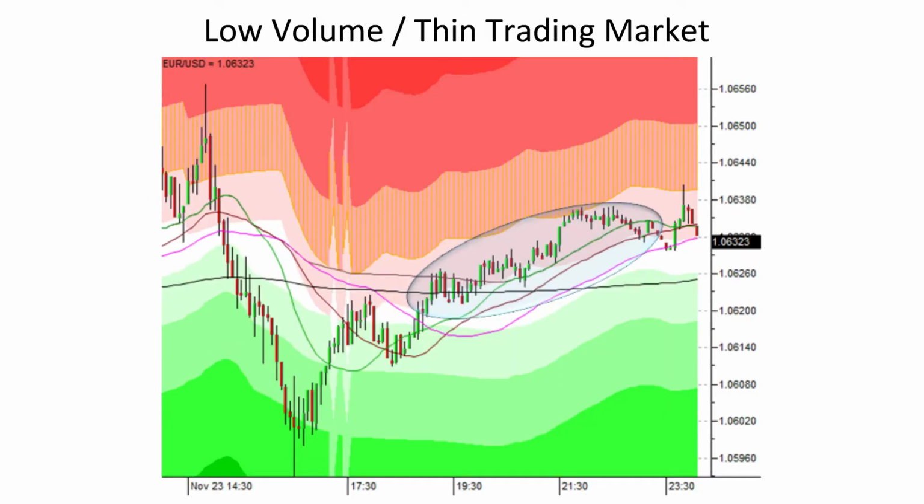Okay, and then the other criteria that I was talking about was a thin or low volume market. That's when you have a market that just isn't really swinging one way or the other. It's just a slow and steady grind, like this price action here.